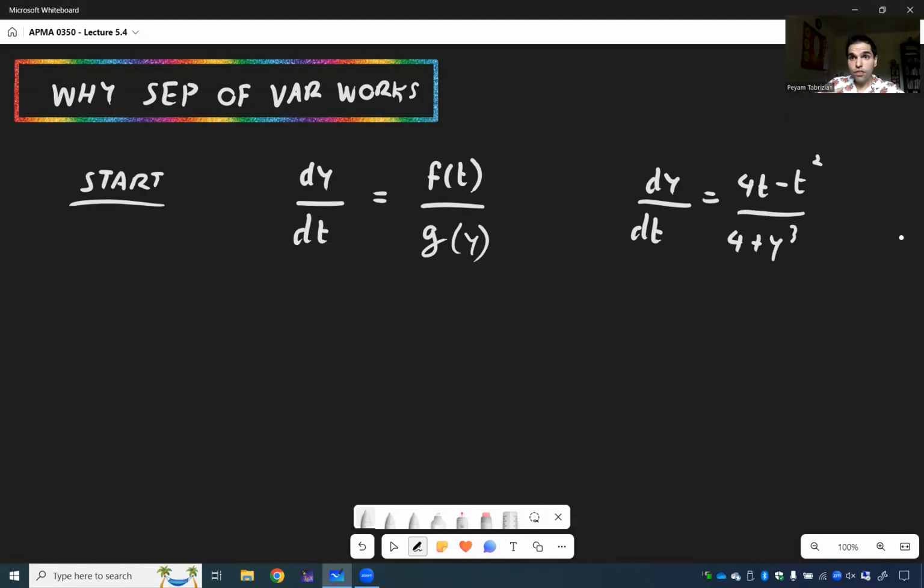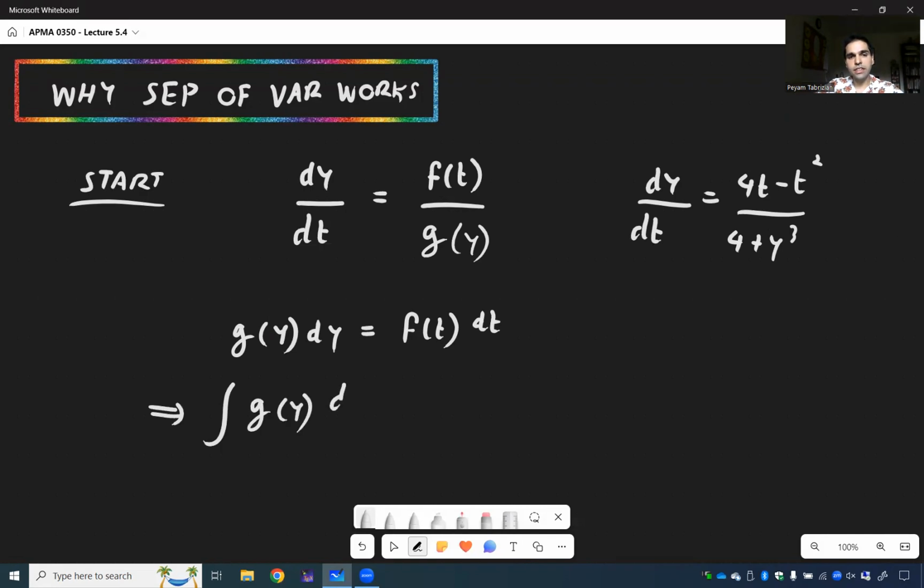Then, if you cross multiply and use the separation of variables trick, you get g of y dy equals f of t dt. And again, the whole point of separation of variables is to integrate both sides.